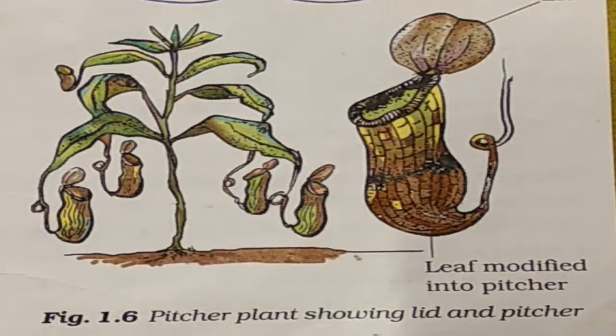Even though this pitcher plant can produce its food through photosynthesis, it can take nutrients by eating the insects. So they have two ways to get nutrients, that is through photosynthesis and through eating insects.